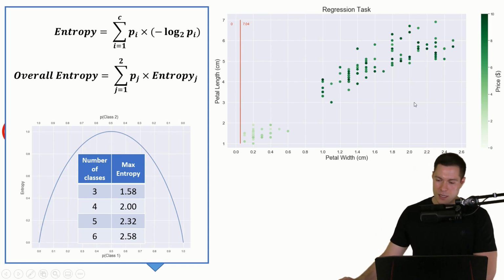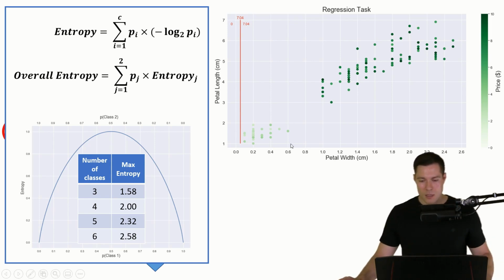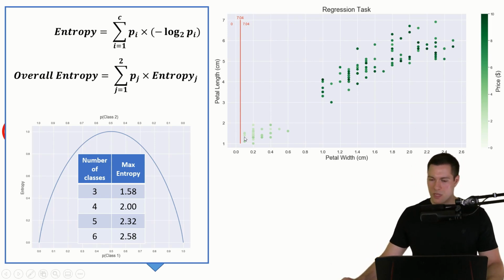So since all the flowers are here on the right side of the split, the weight for the right side is going to be a 1 and the weight for the left side is going to be 0. So the overall entropy for this split is completely determined by the entropy of the right side, so it's also going to be 7.04. And the same kind of reasoning applies to the split on the far right. Only here, obviously, all the flowers are on the left side of the split.